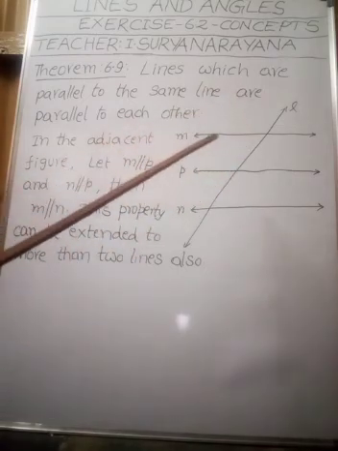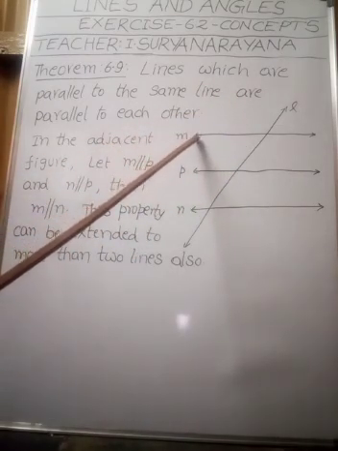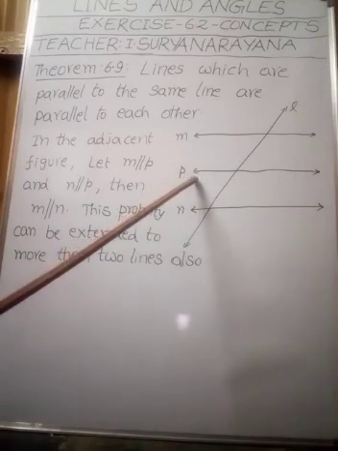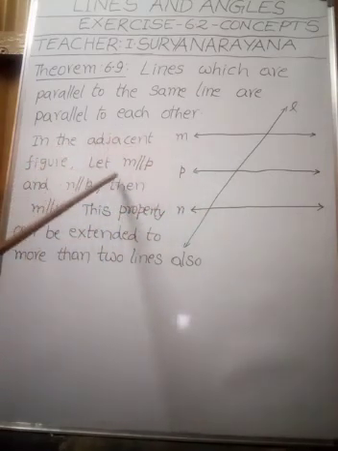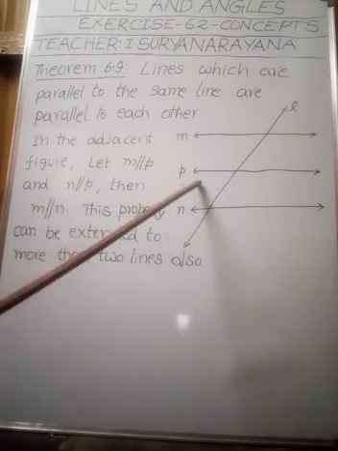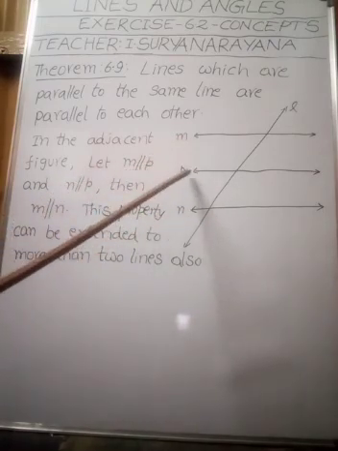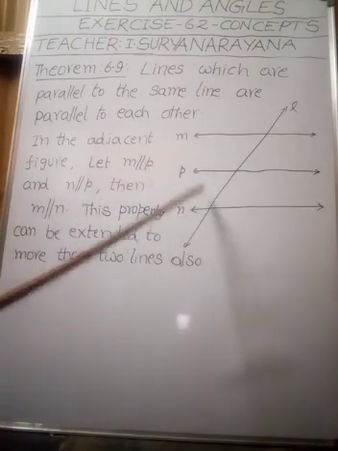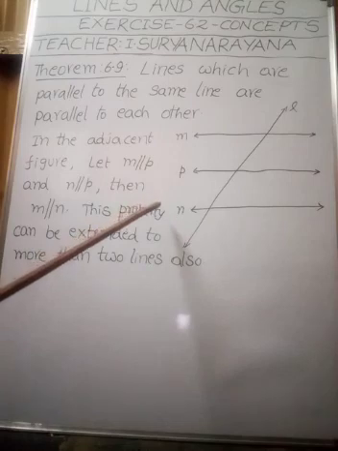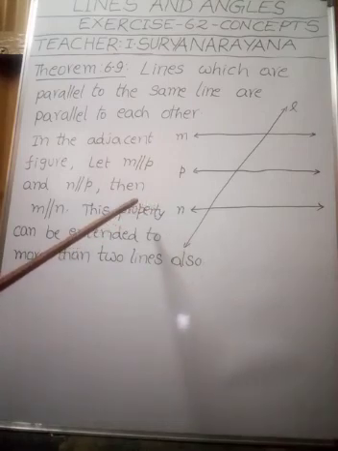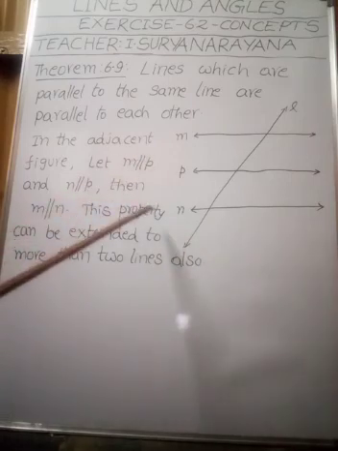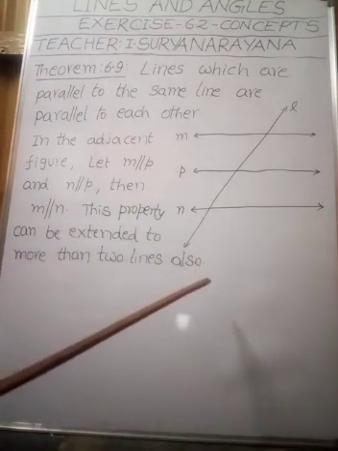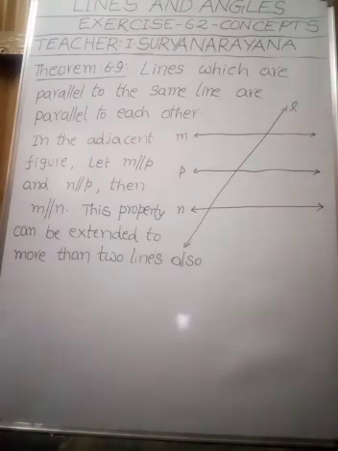See here, let us consider line M is parallel to P. Line N is parallel to P. In the adjacent figure, let M be parallel to P and N be parallel to P. Then we can say that the lines M and N are parallel. Understood this point, my dear children? Is it clear? This property can be extended to more than two lines also. Understood, my dear children? Right.